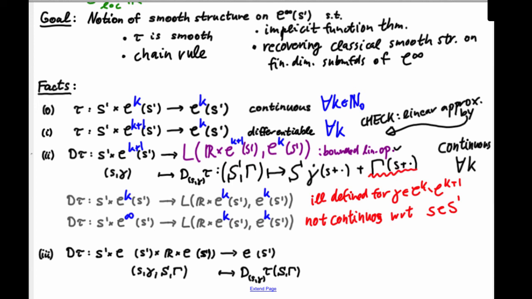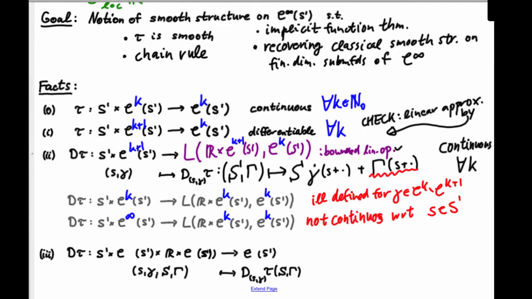So one thing we should have: if as an operator norm this is bounded, you should be able to take a sup over all norm gamma equal to 1 things and look at a difference between gamma of s plus dot and gamma. And that, with s going to 0, should go to 0.